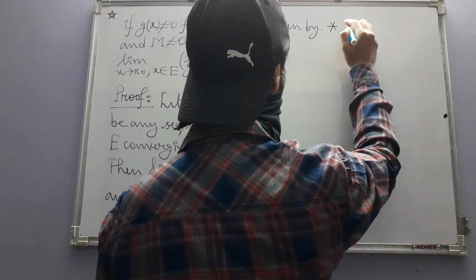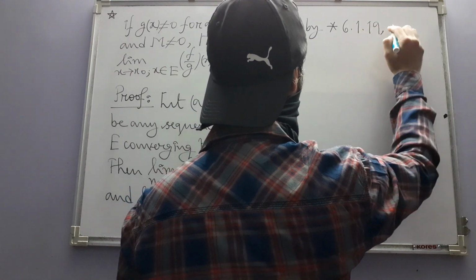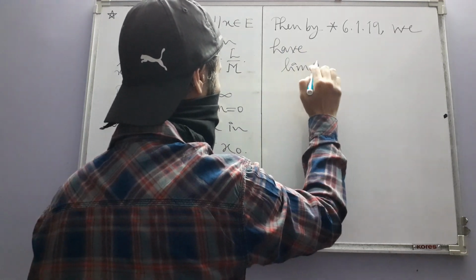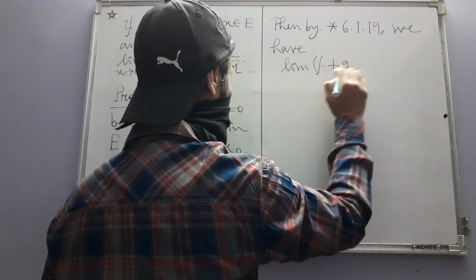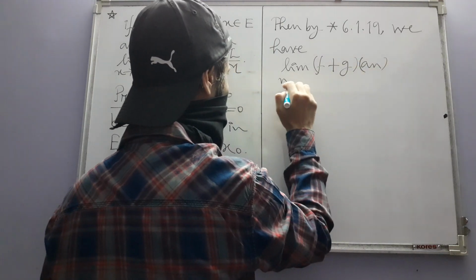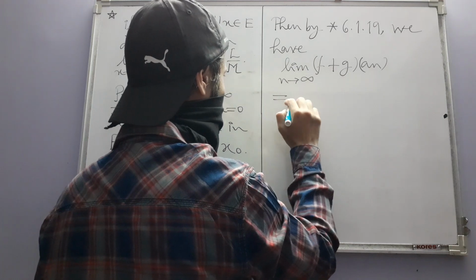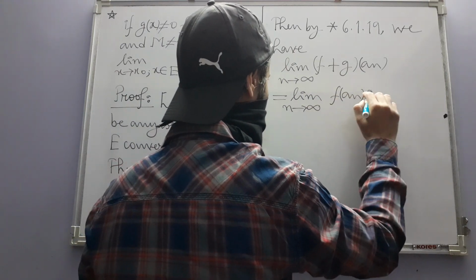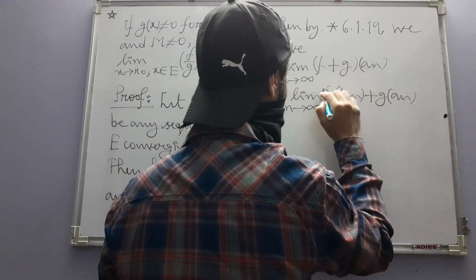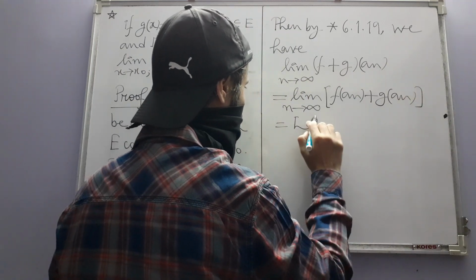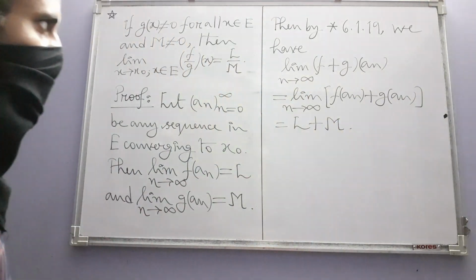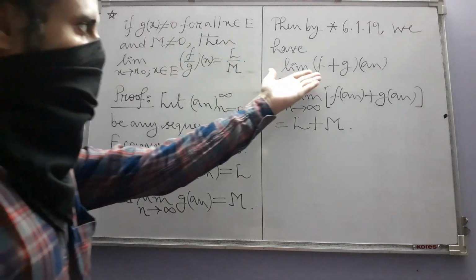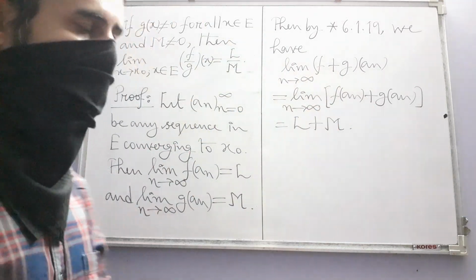So I just write, we have L plus M. So in this step we have used 6119, and this is just the definition of the sum of two functions, real valued functions.